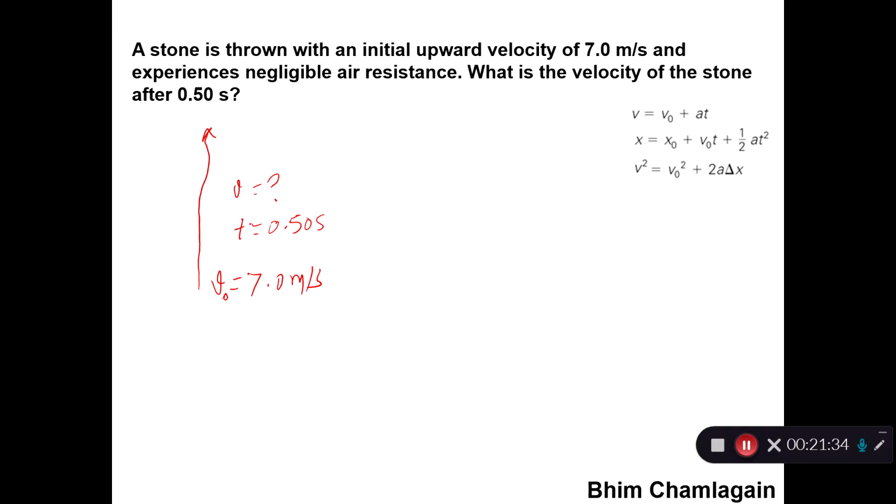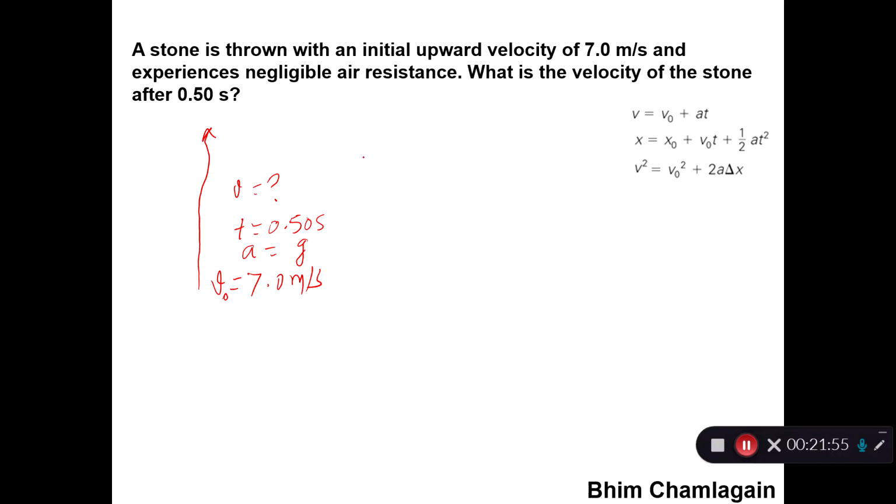Now if you look at this equation, only two quantities are given, so a third quantity should be there. As I told you earlier, you can replace acceleration by acceleration due to gravity, and there should be either a positive or negative sign in front.